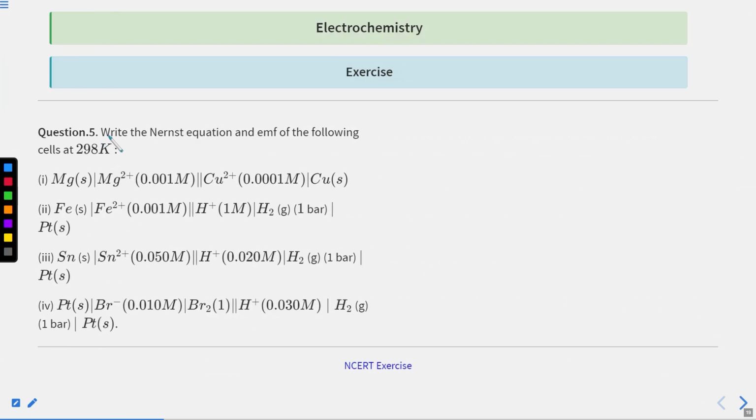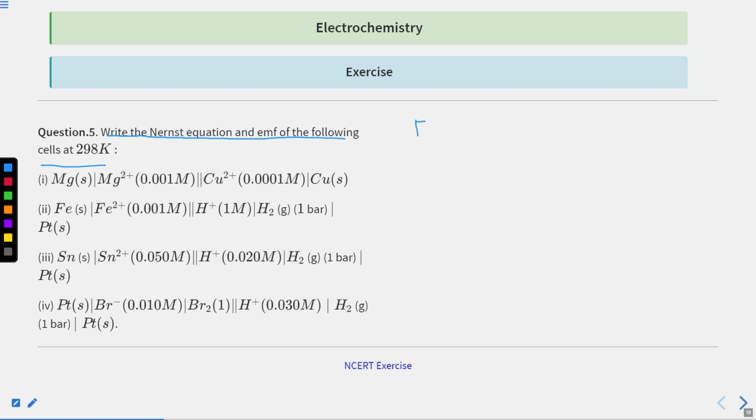Now, the next question: we have to write the Nernst equation and the EMF of the following cell. First, we'll write the Nernst equation. What does the Nernst equation say?